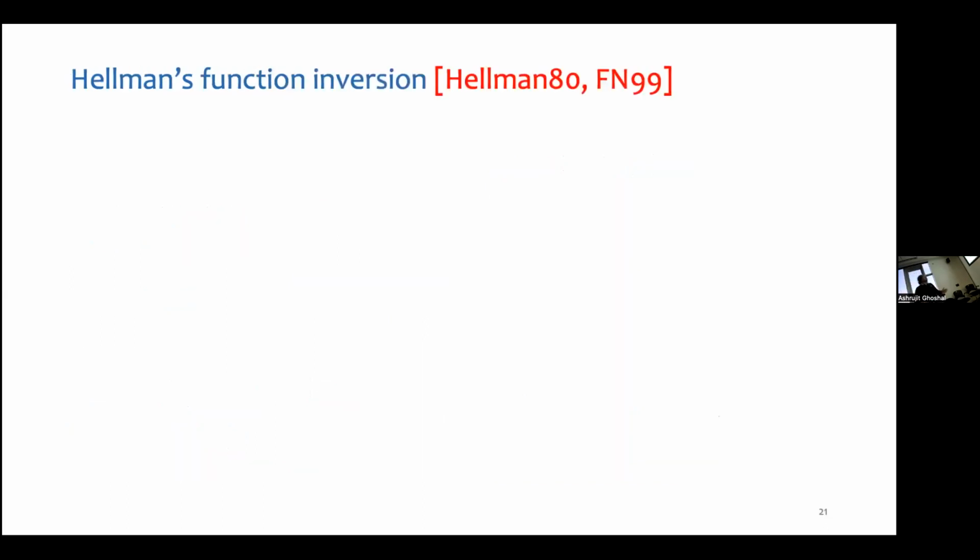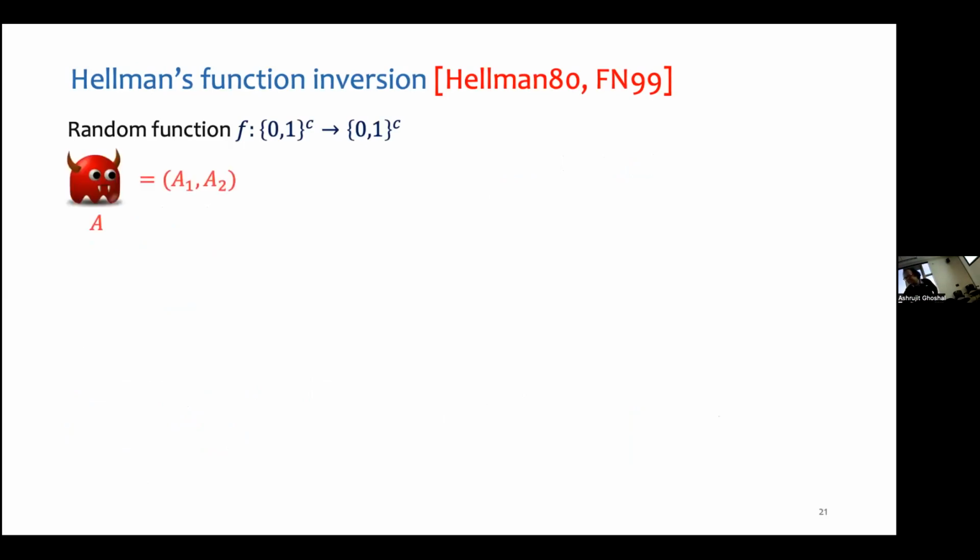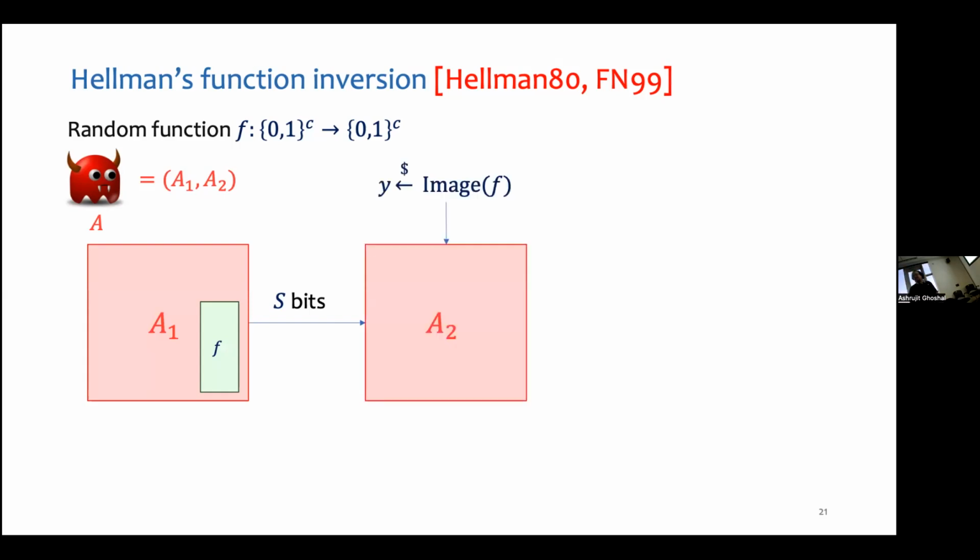So, as I've referred to a couple of times, we'll use Hellman's function inversion. Function inversion is a problem that has been studied in this scenario of preprocessing adversaries for a long time. The setting is as follows. There's a random function which has c bits inputs and outputs. There's an adversary A, which in its preprocessing phase gets unbounded access to the function and can compute s bits of information on it.